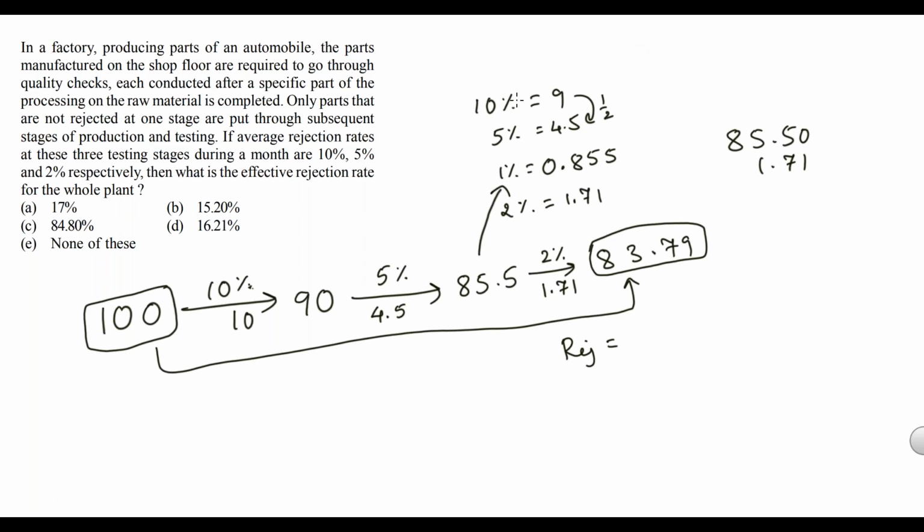If 83.79 are not rejected, the rejected are 100 minus 83.79. That is 16.21. Are you getting my question?